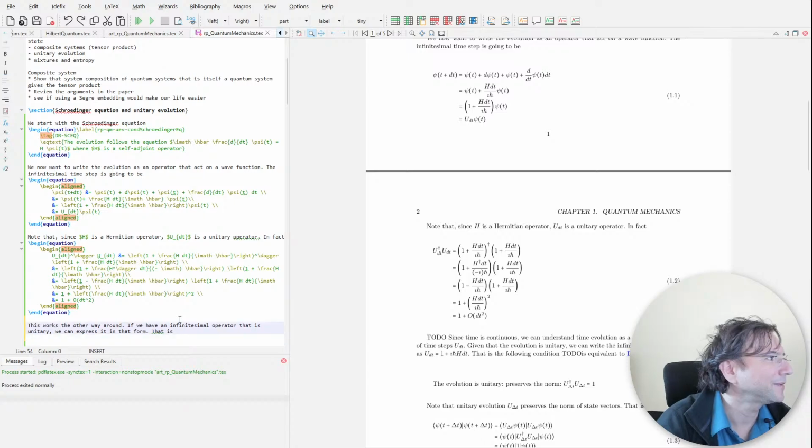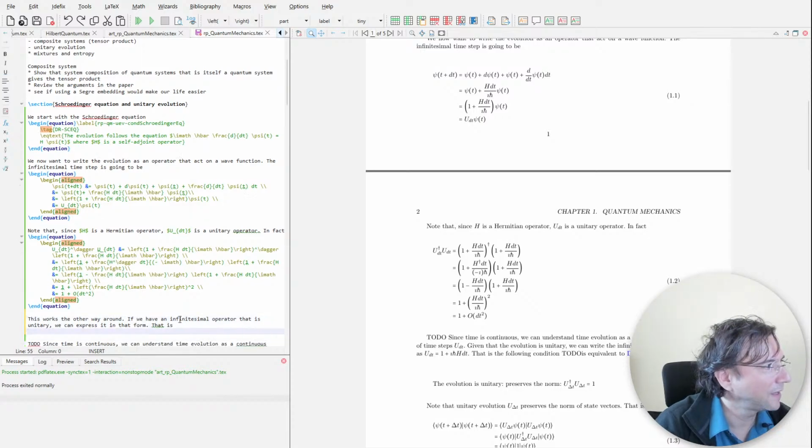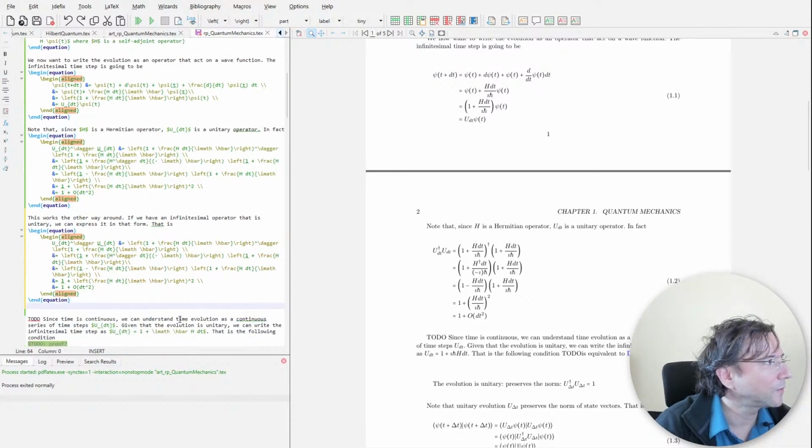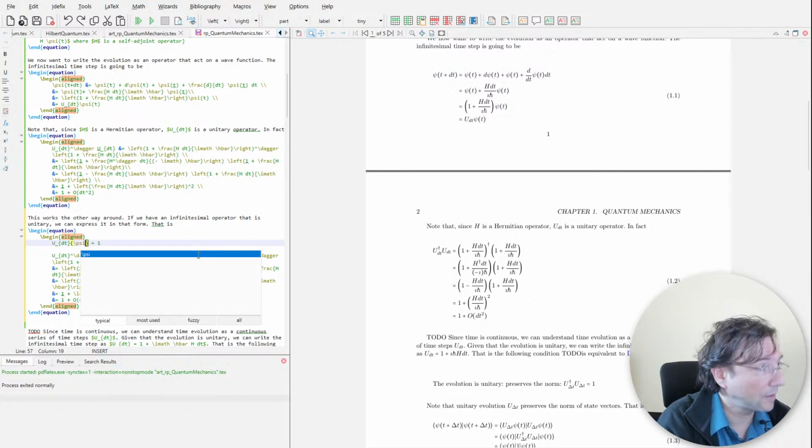That is okay, so let's get the math right. So we know that the first order, so now we don't know what it is, so we know that it can be expressed as something like this. So we know that there is a U of dt, and we can say that it's going to be one, let's write it like this.